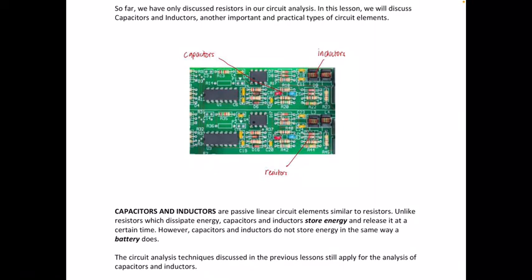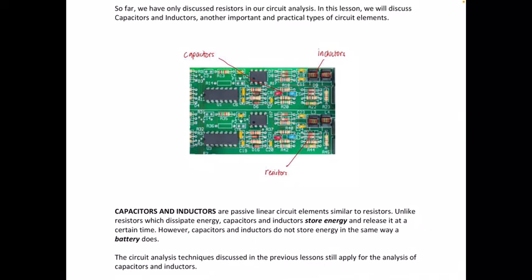This is one of the main differences, because resistors basically resist the flow of electricity, and the energy that they get from resisting is dissipated as heat. You can notice that with prolonged use, your electronic device becomes hot. That's just dissipated energy in the form of heat.